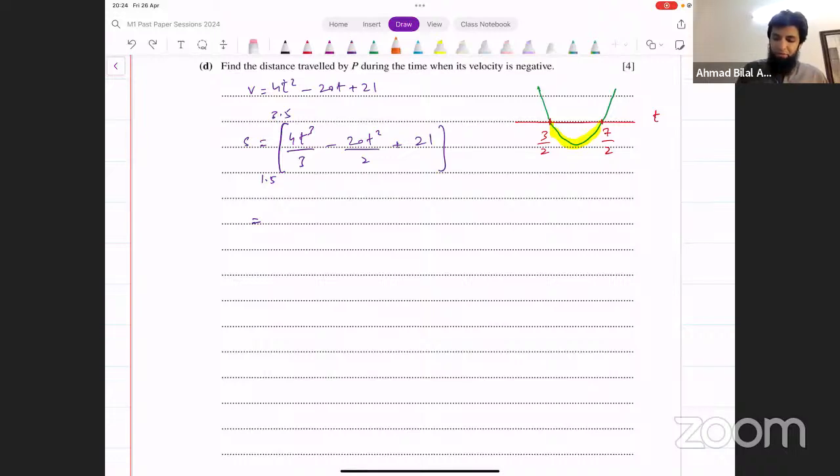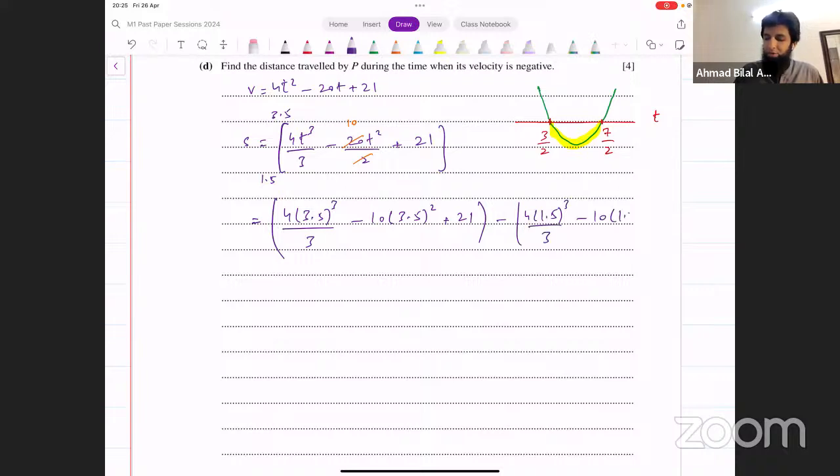Okay, so what do we get from this? 20 and 2 get cancelled, and we get 10 here. So now input 3.5: 4 into 3.5 cubed divided by 3, subtract from that 10 into 3.5 squared, plus 21. Subtract from this the case when you input t equal to 1.5, which gives 4 into 1.5 cubed over 3 minus 10 into 1.5 squared plus 21.